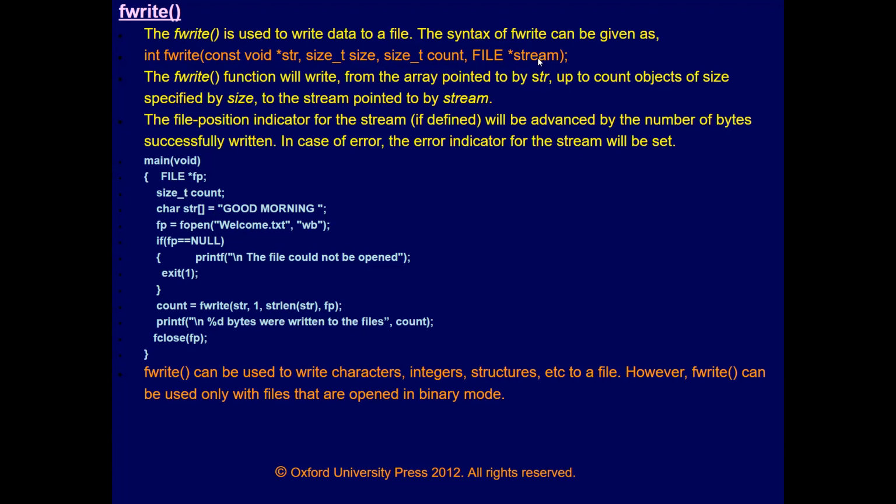The fwrite function will write from the array pointed to by str, up to count objects of size specified by size, to the stream. The file position indicator of the stream will be advanced by the number of bytes successfully written. In case of error, the error indicator of the stream will be set.